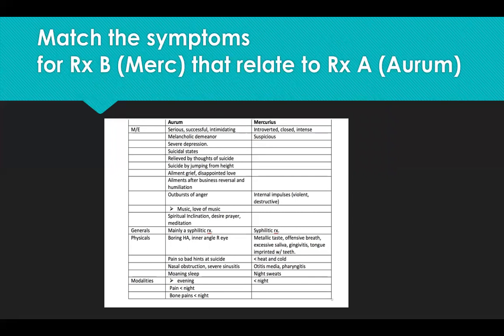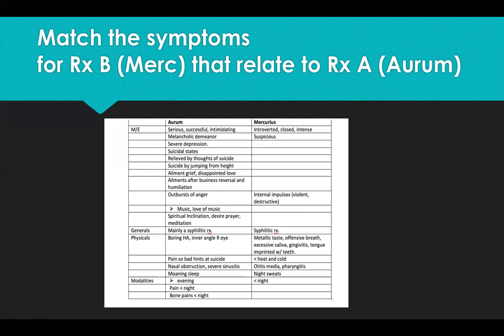Now, mainly a syphilitic remedy, and syphilitic remedy, that's a no-brainer. We don't even have to think about that. Those are going to be directly comparable and obviously a similarity. But you're going to find symptoms that are not a direct match.